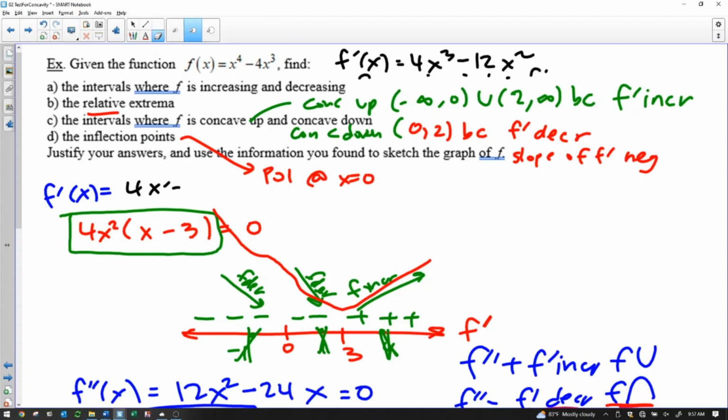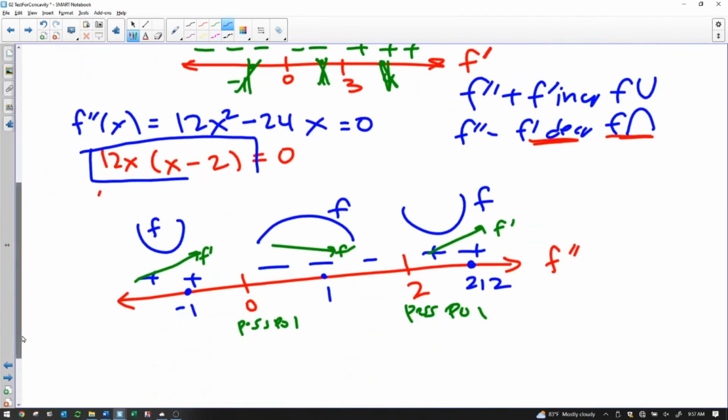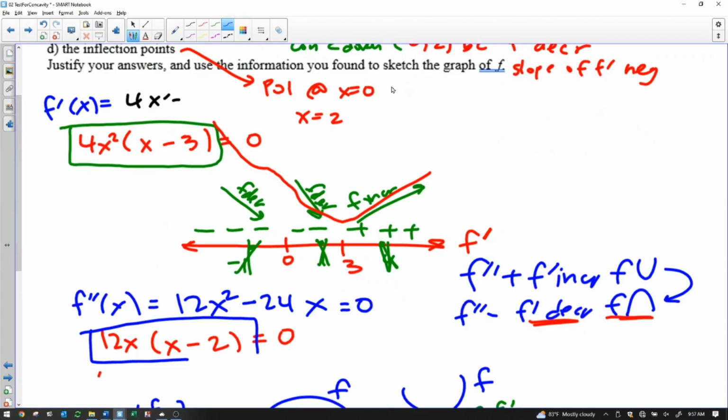And let me just make sure you understand, you can write them separately and do the justification separately. So at x equals 0, the reason there's a POI at x equals 0 is because you've changed from concave up to concave down. So you're actually changing from f prime increasing to f prime decreasing. So that's what you would write: because f prime changes from increasing to decreasing.